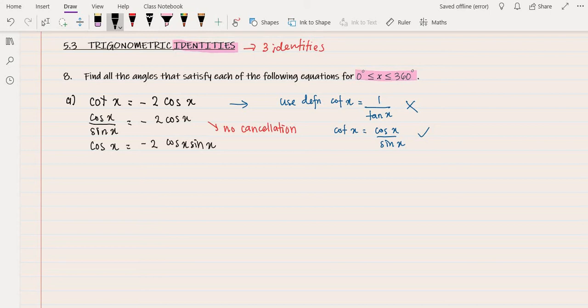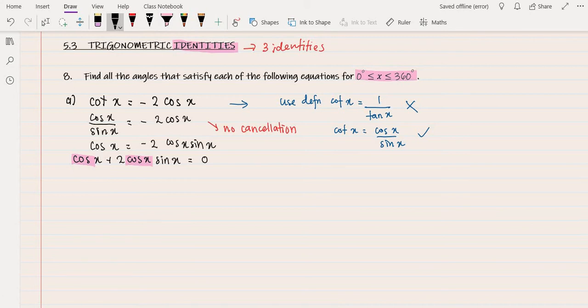So now since we cannot cancel, so cannot divide everything by cos x, what do we do? Let's just group everything on our left hand side. So that gives me cos x plus 2 cos x sin x, and it is equal to 0. So now what do I have here? Please take note, we have cos x and then plus 2 cos x sin x.